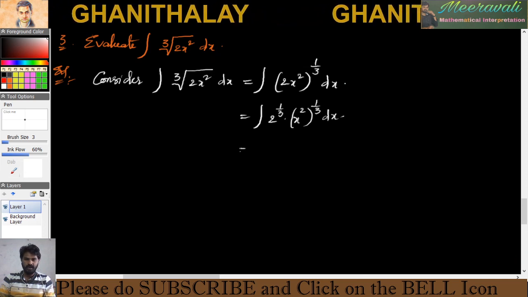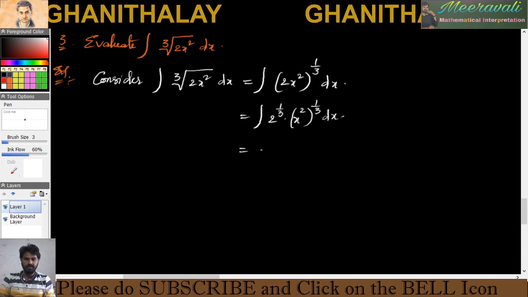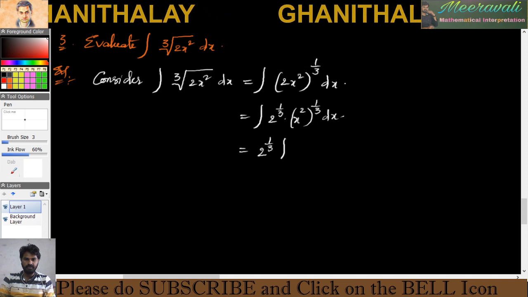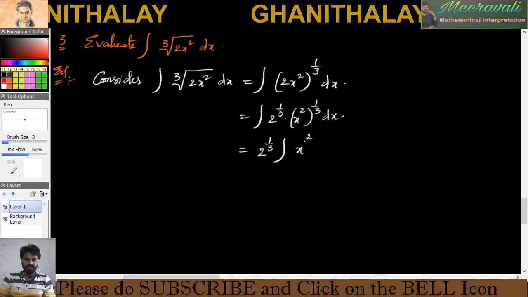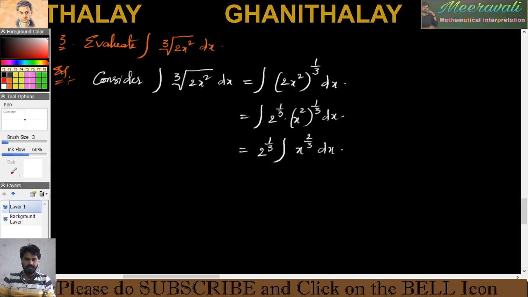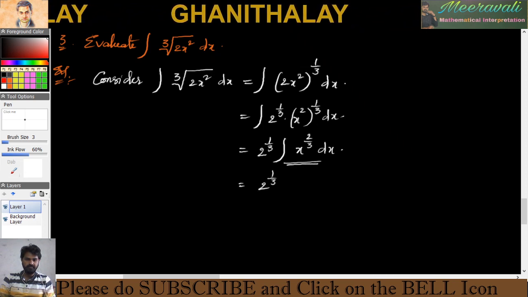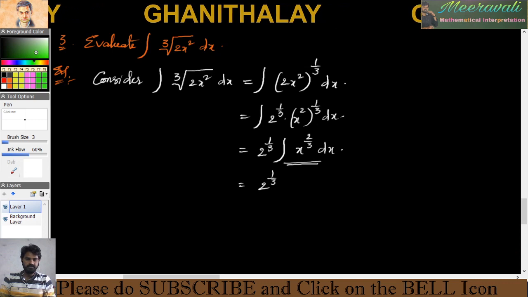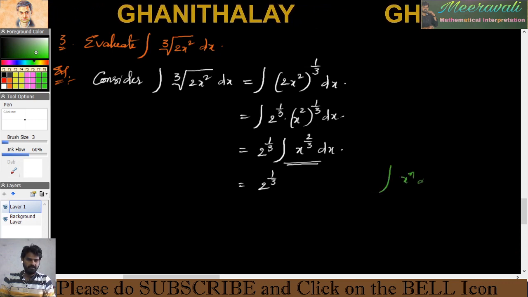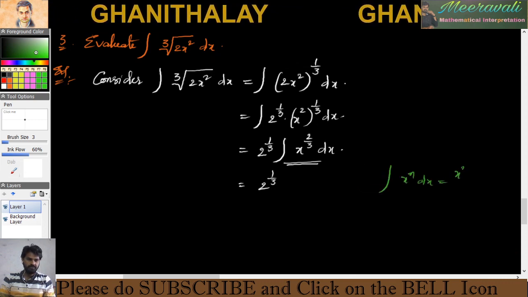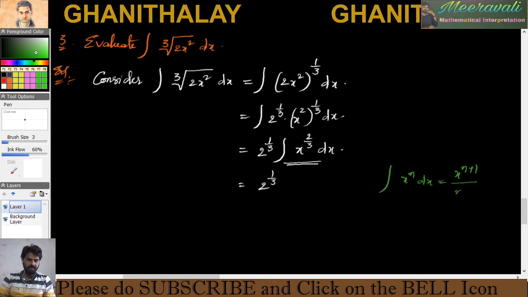So you have to observe that if there are any numerical coefficients, you can write them before integration. After that you can write 2 power 1 by 3, then x to the power of 2 by 3 dx. This is of the form integral x to the power of n, with the formula x to the power of n plus 1 by n plus 1.